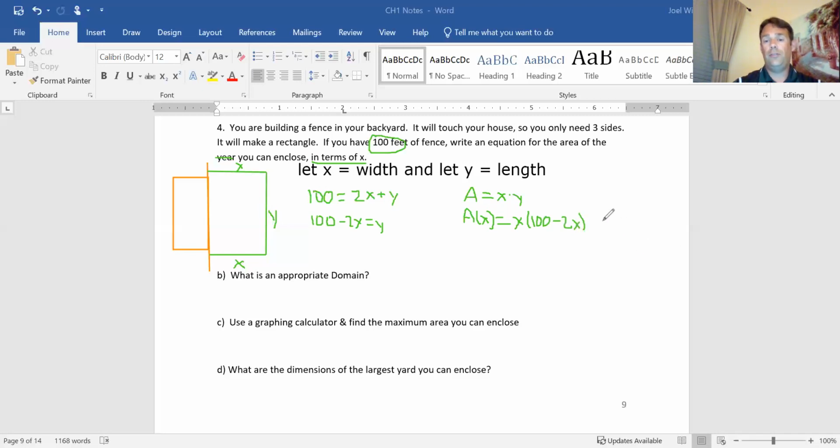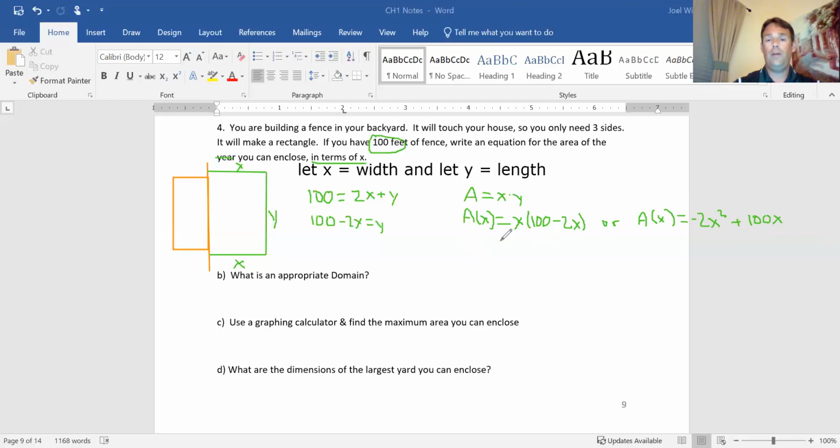Now, this is the same thing as a particular quadratic: negative 2x squared plus 100x. If this is a quadratic, that means this is a parabola.